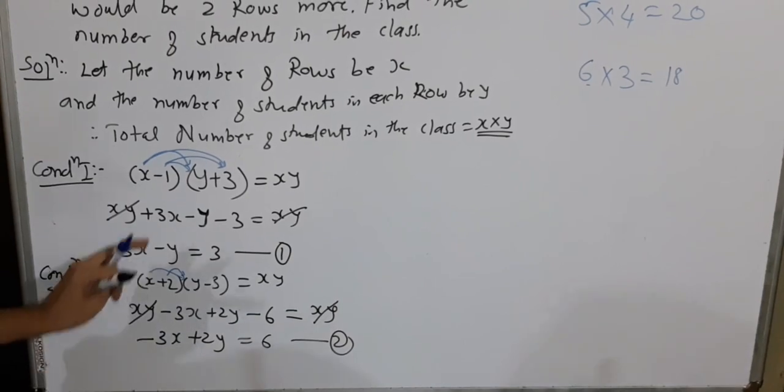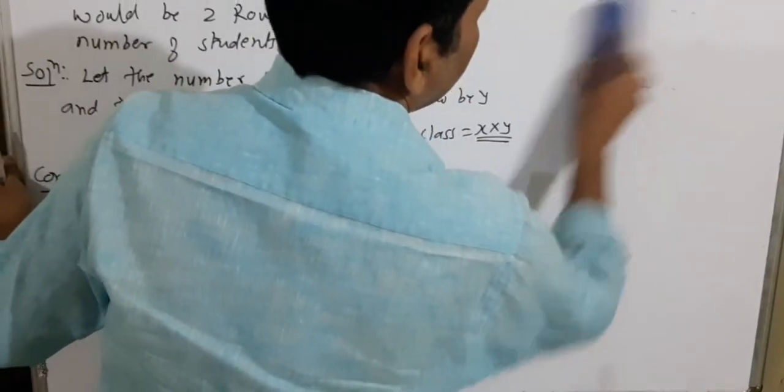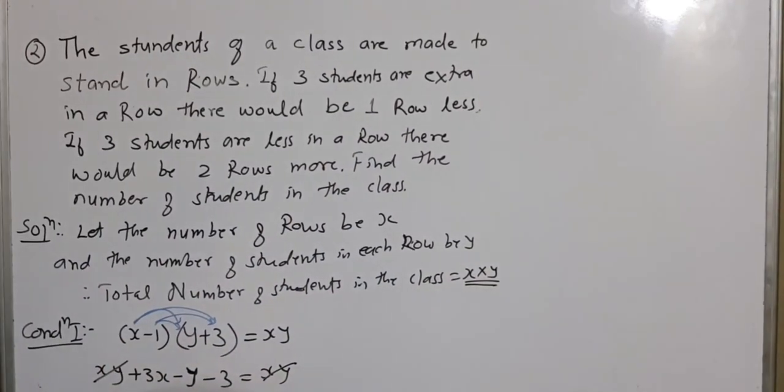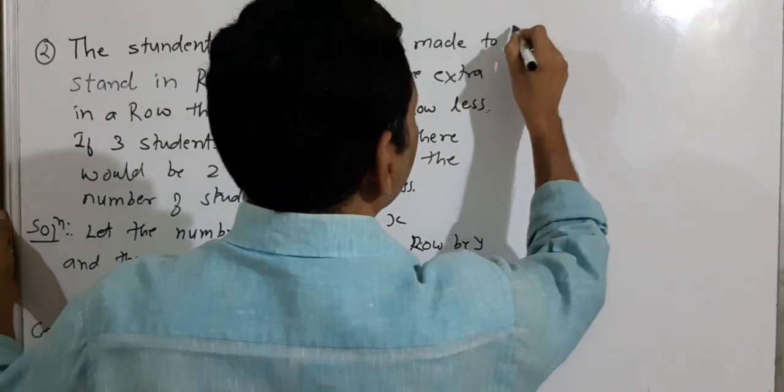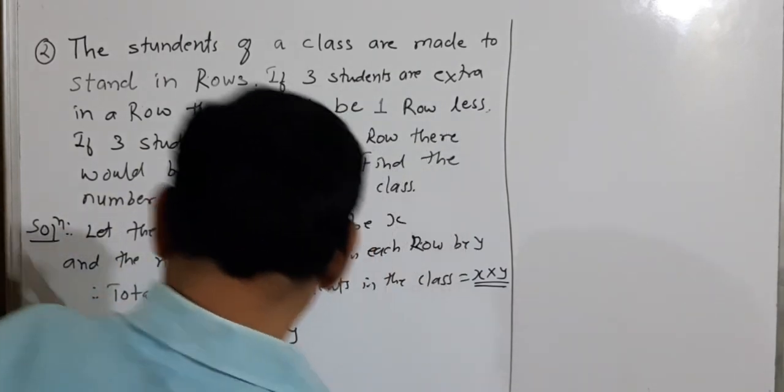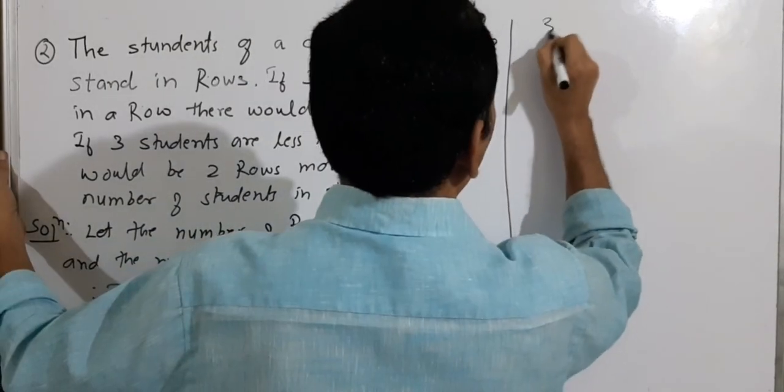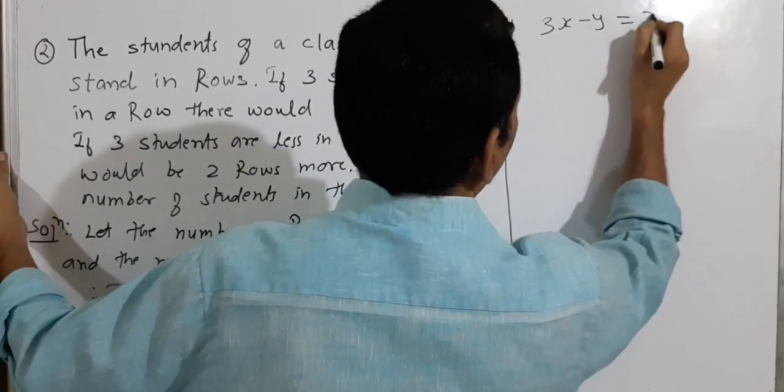So now I will solve these two equations by any of the methods: elimination, substitution or cross multiplication. So I will go for elimination method. So equation 1 is 3x minus y equal to 3.